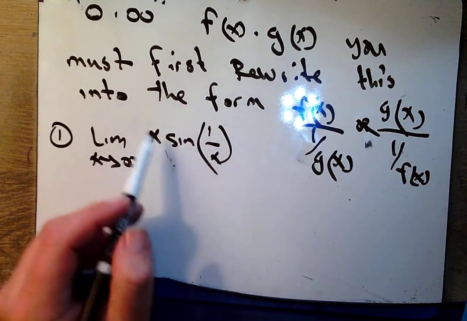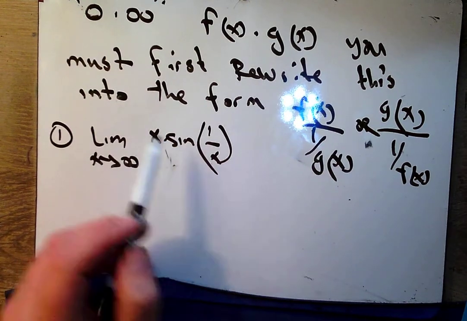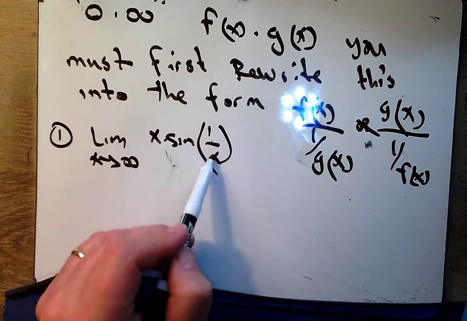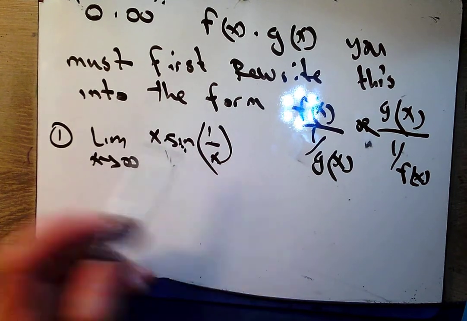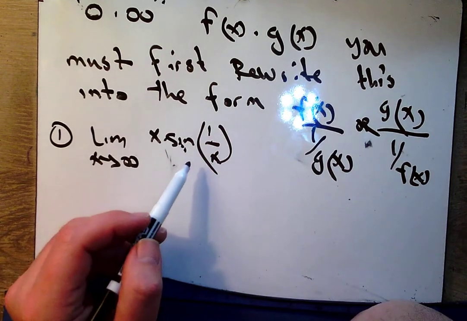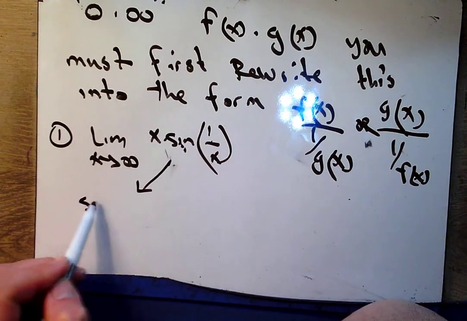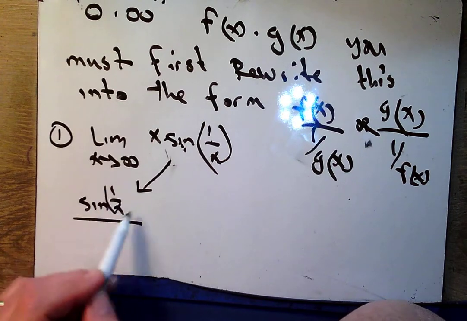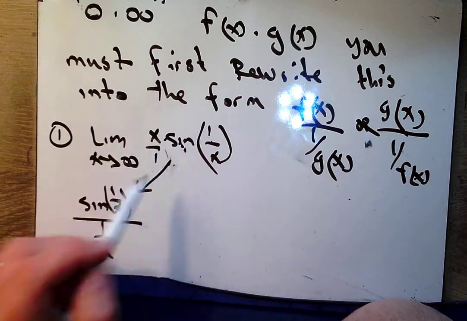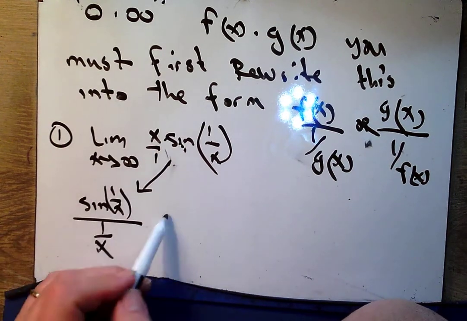Okay, so this is our situation, and if I plug in infinity here, 1 over infinity is 0, sine of 0 is 0, and 0 times infinity, yeah, I've got that situation. And we've got two choices here. Either we could write this as sine of 1 over x over 1 over x, right, because we're flipping x over 1 and throwing it in the denominator.